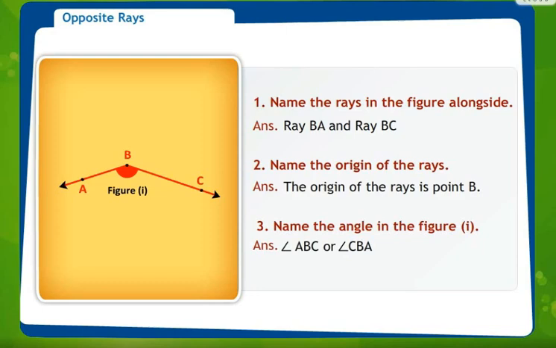When we write the single letter for the name of the angle, it is always the vertex of the angle. So in the figure, the angle can be angle ABC or angle CBA.